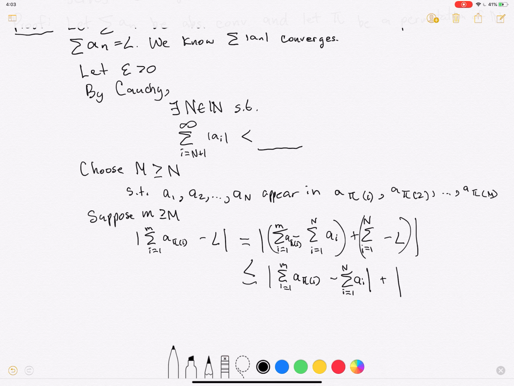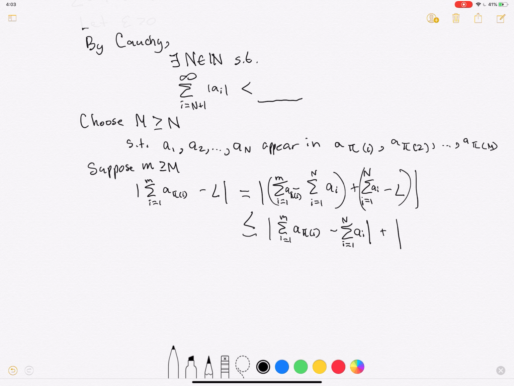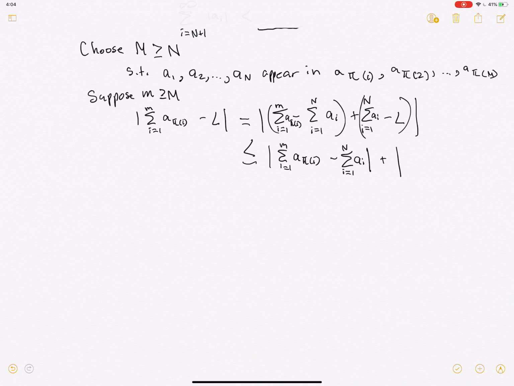That should be a_i. The sum of a_i minus L, if you apply the triangle inequality again, you get this, the sum from n plus 1 of a_i plus the sum from n plus 1 of a_i to infinity.